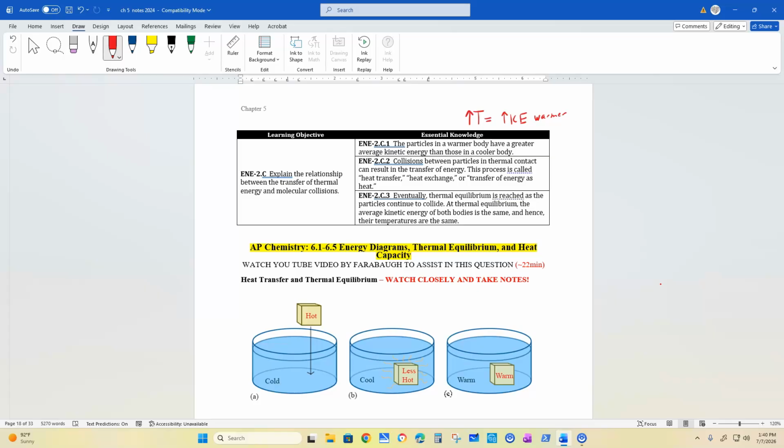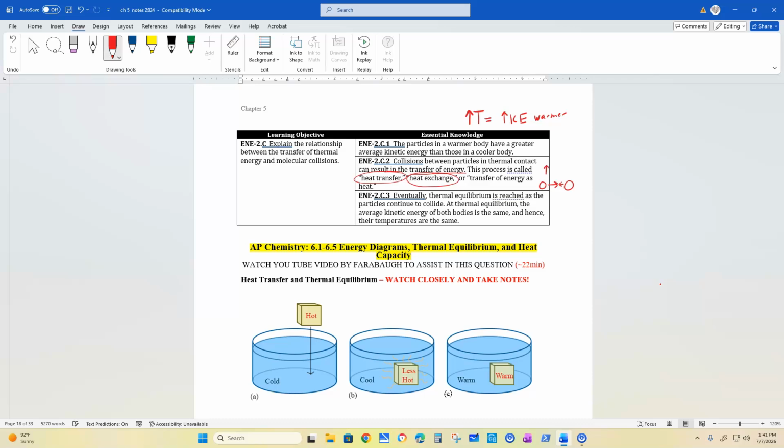Collisions between particles in thermal contact can result in the transfer of energy. This process is called heat transfer or heat exchange or transfer of energy as heat. And we know that the more collisions you have, the more heat transfer or energy transfer you have.